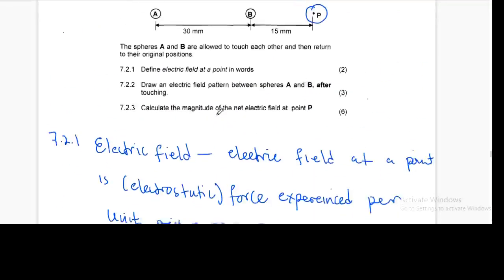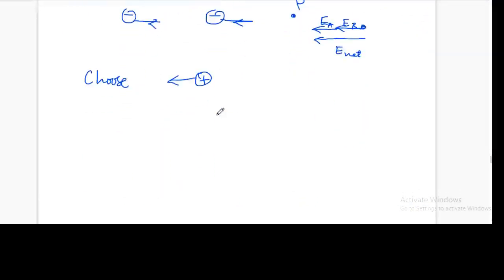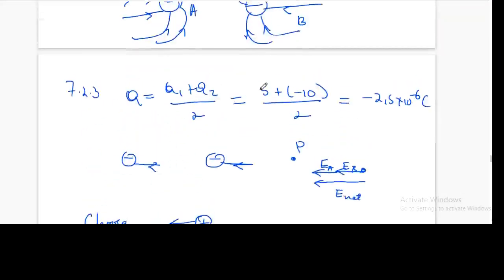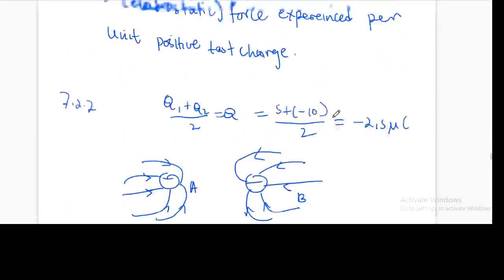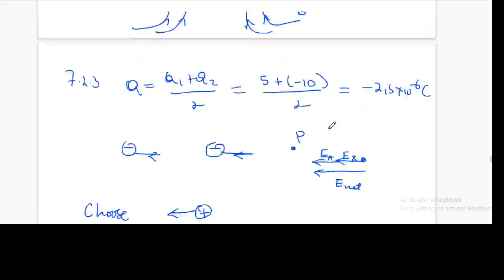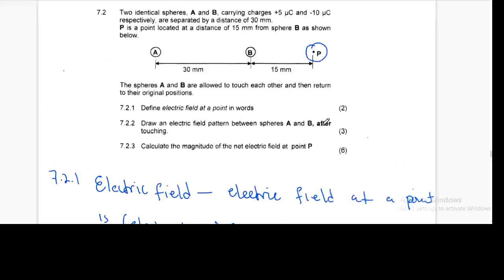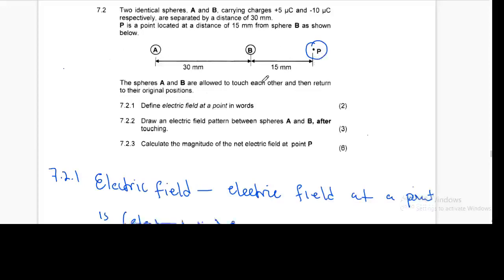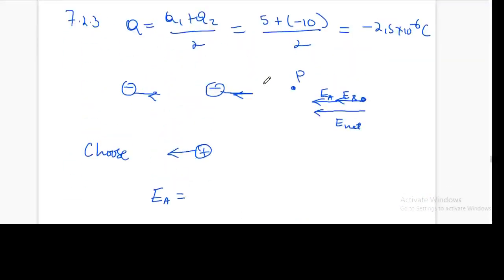Now I'm going to calculate the magnitudes of each field. Notice that the electric field is not going to be the same, although the magnitude of the charges are the same, because the distances between P and A and P and B are not the same.